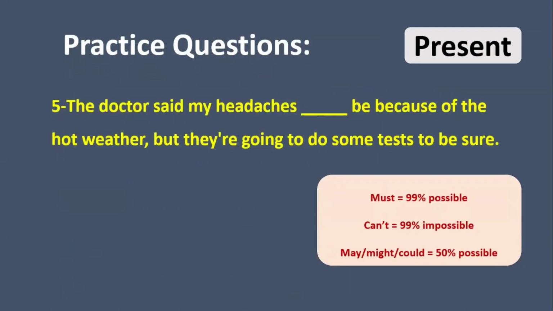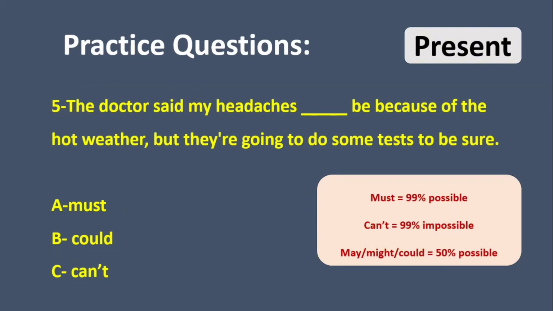Another one. The doctor said my headaches must be because of the hot weather, or could be because of the hot weather, or can't be because of the hot weather, but they're going to do some tests to be sure. أخبرني الطبيب إنه نوبات الصداع لابد أن تكون must be because of the hot weather، يعني لابد أن تكون أو من المؤكد أنها لهذا السبب، أو could be من المحتمل، أو can't be من الأكيد أن هي ليست السبب، but they're going to do some tests to be sure.